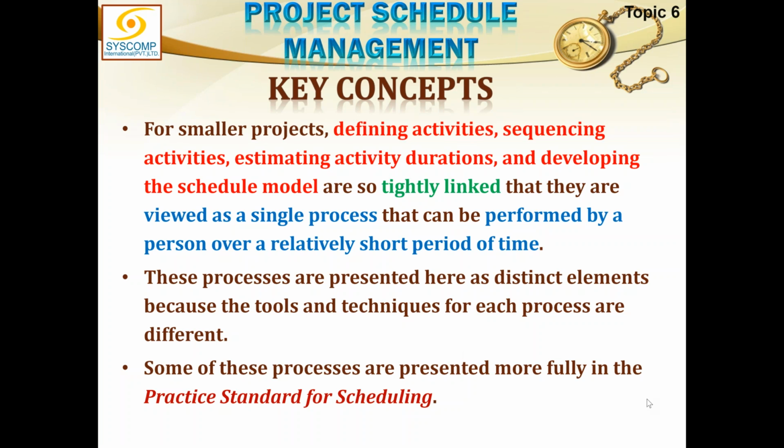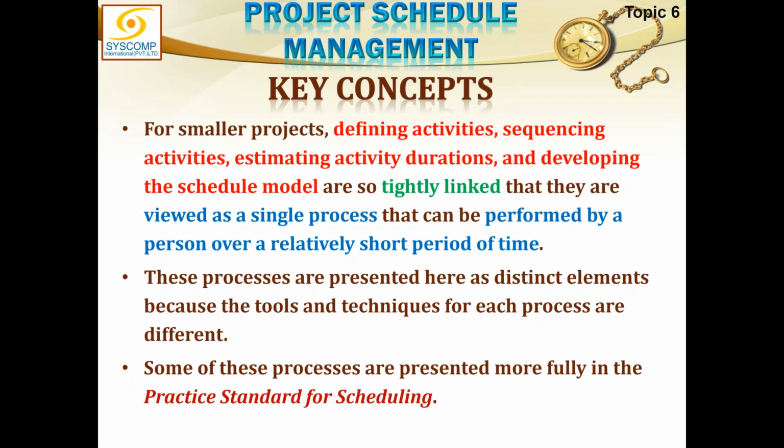Okay. Then these processes are presented here as distinct elements, as I said, and they have to have their own tools and techniques. So even if one person is responsible for doing all these processes, whenever he is doing a specific process, defining activities, he should know, understand, and use the tools and techniques required for defining activities.